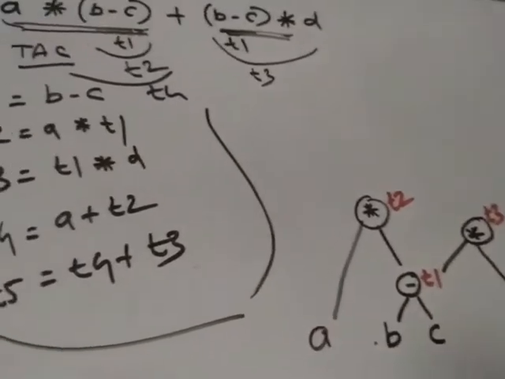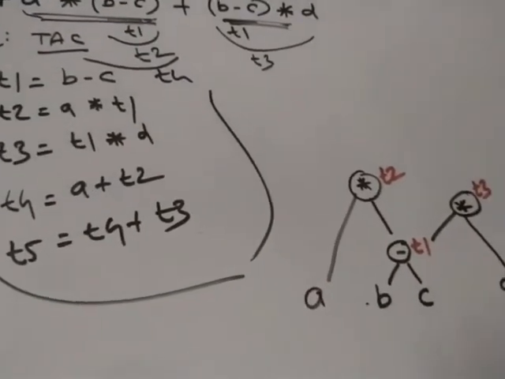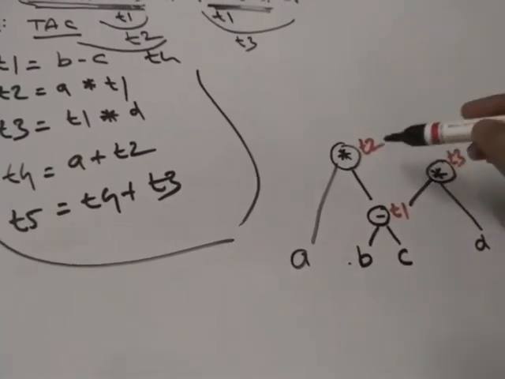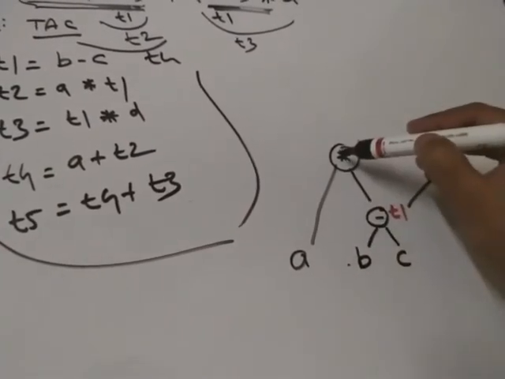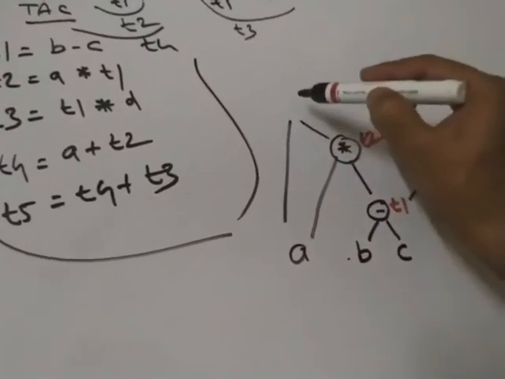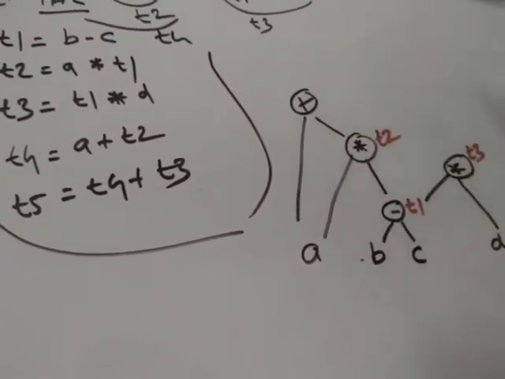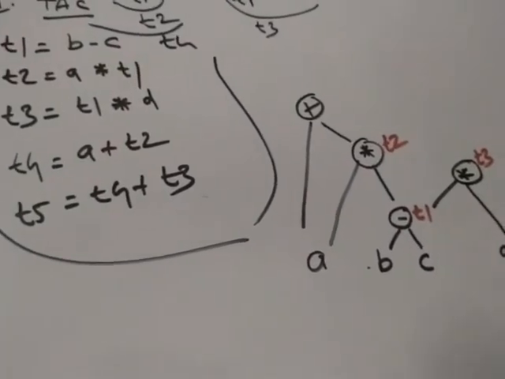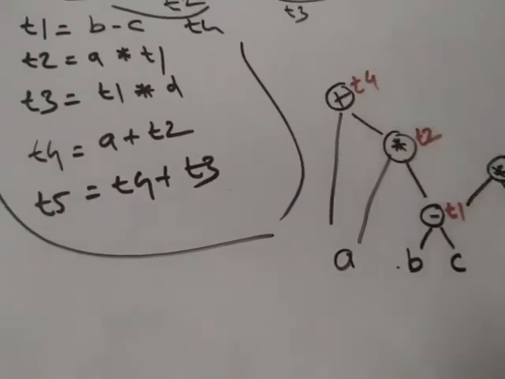Next we will have T4 equal to A into T2, as A and T2 with plus as the operator will form T4. So it will be called T4.